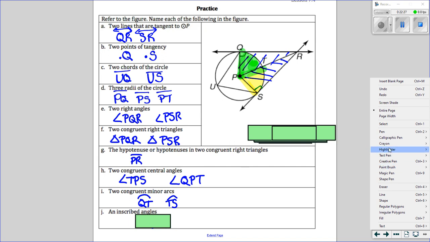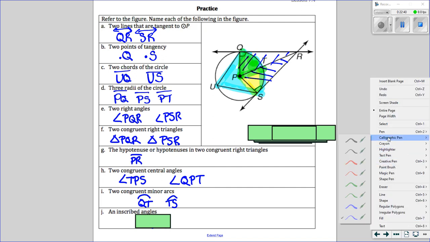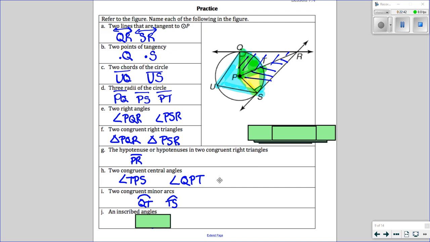So let's highlight and see where we can find that. So we have that point here, and I'm just going to highlight that. So that means our inscribed angle is QUS, and that's the only inscribed angle.